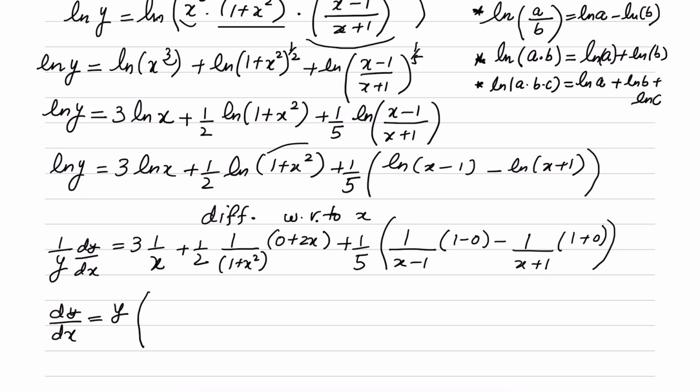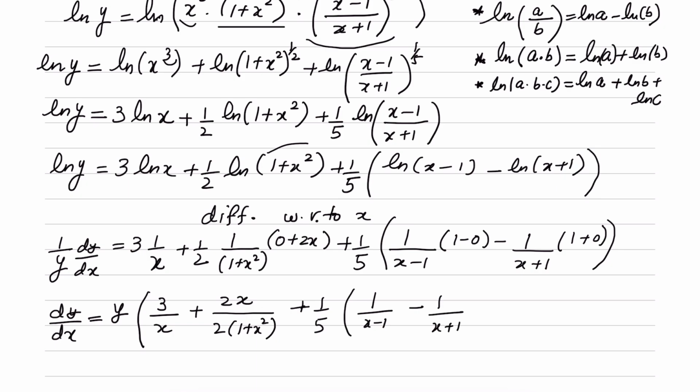and simplifying this right hand side expression as 3 by x plus 2x by 2 into 1 plus x square plus 1 over 5, 1 over x minus 1 minus 1 over x plus 1.